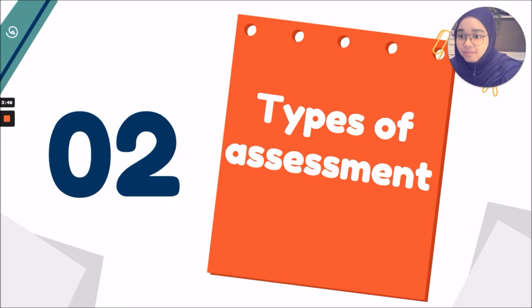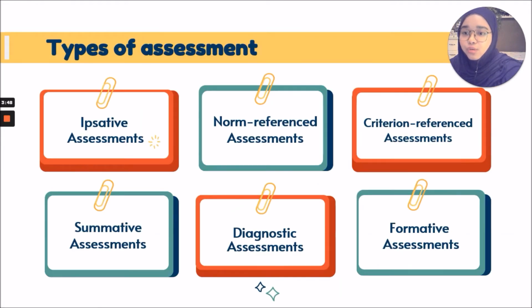So different types of assessment will help you to understand students' progress in various ways and adapt your teaching strategies accordingly. So here we have an objective assessment, norm reference, criterion reference, summative, diagnostic, and formative assessment. And most people use the blue box ones: summative, norm reference, and formative assessment.